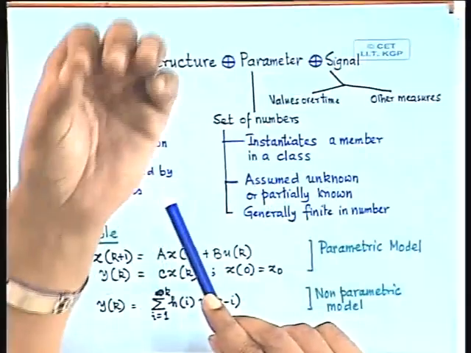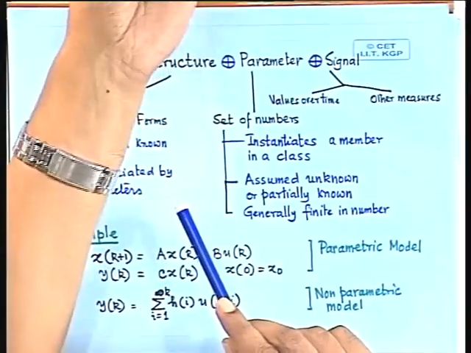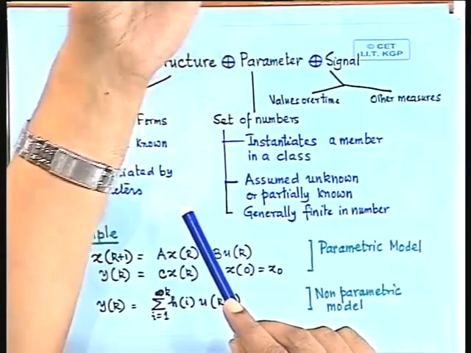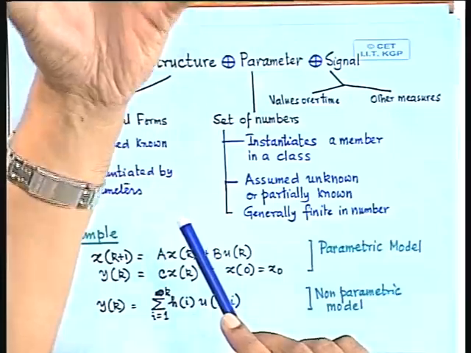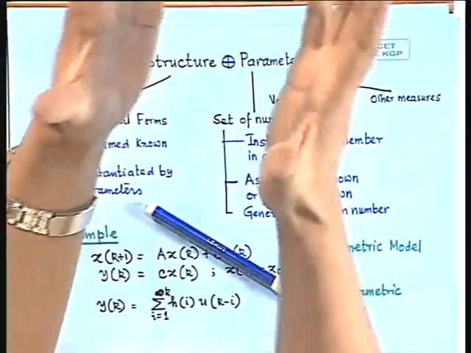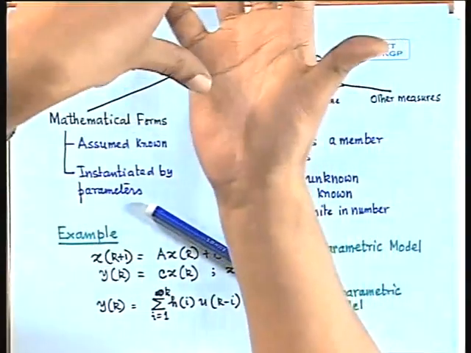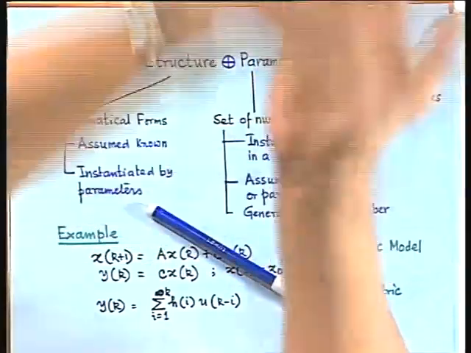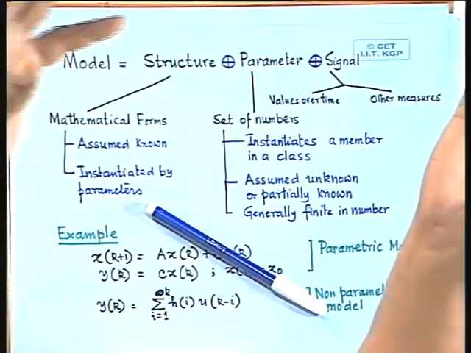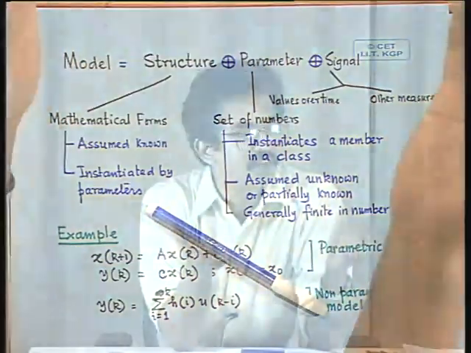Now you are in general interested in building a model for something. Once you have defined a set, that set serves like a bag. In that bag there are so many models. So in how many bags will you search? You have defined that you are going to search among the systems in this bag.